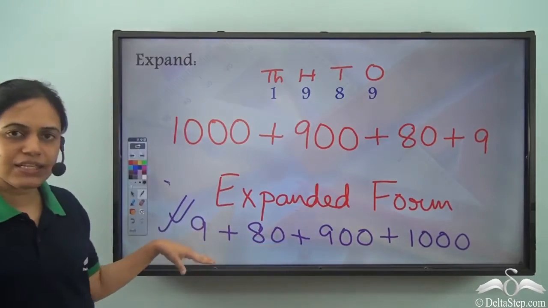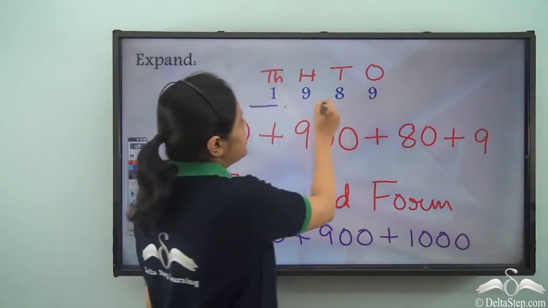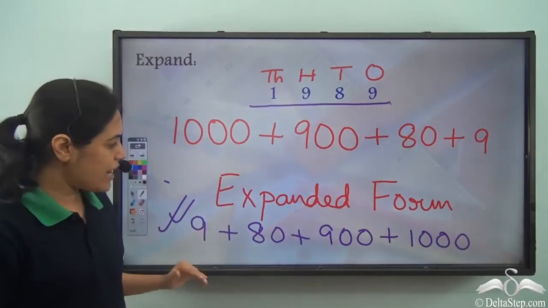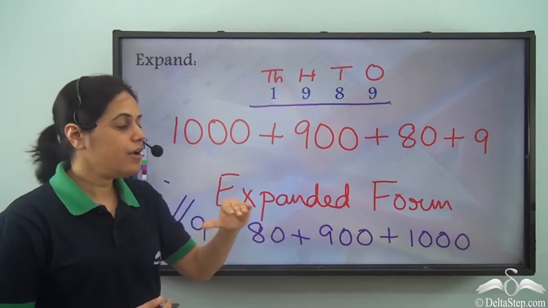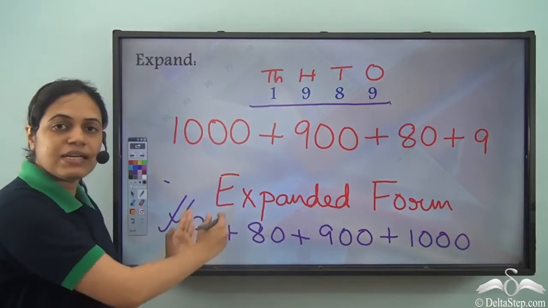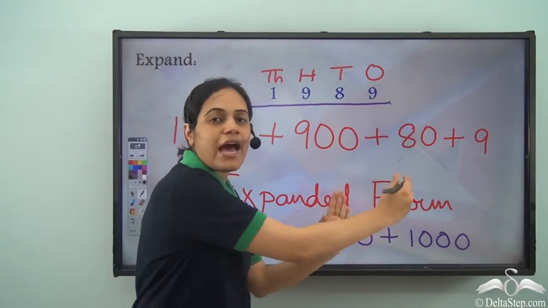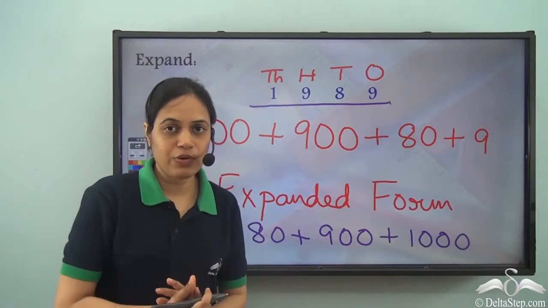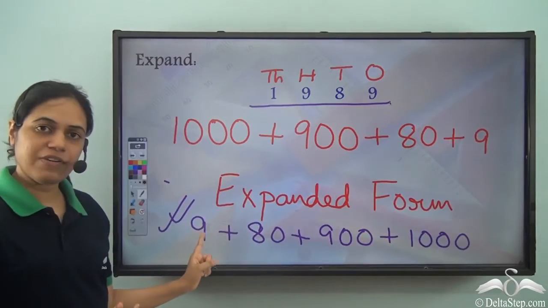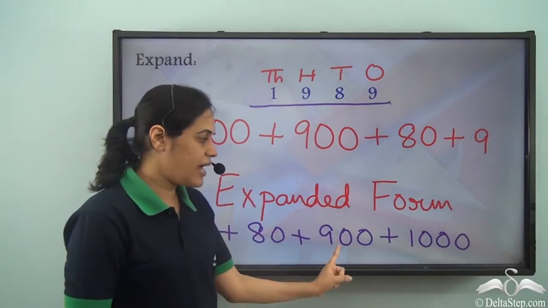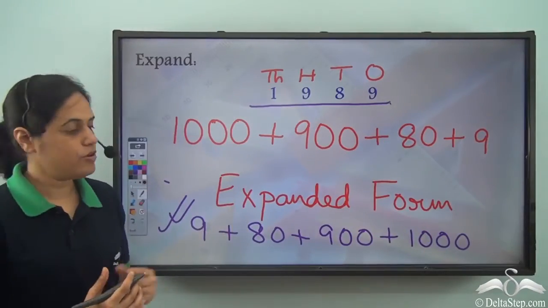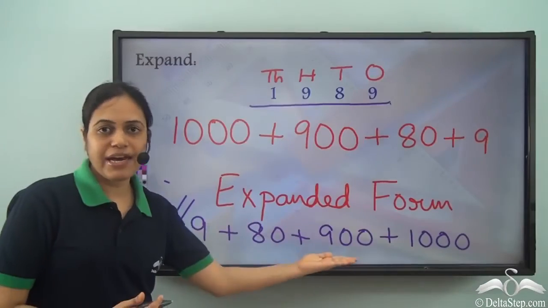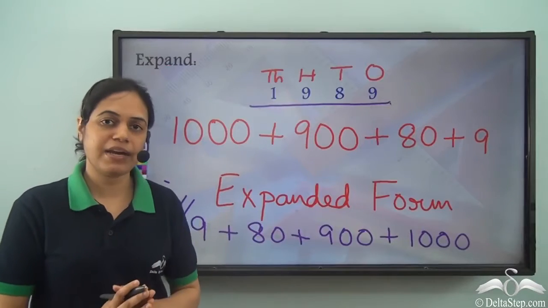And if you add these, you will see that you actually get this number. Why are we doing it? We are actually breaking this given number into ones, tens, hundreds and thousands. So just by looking at it, I can say there are 9 ones, 8 tens, 9 hundreds and 1 thousand in this number. So this is why we write a number in the expanded form.